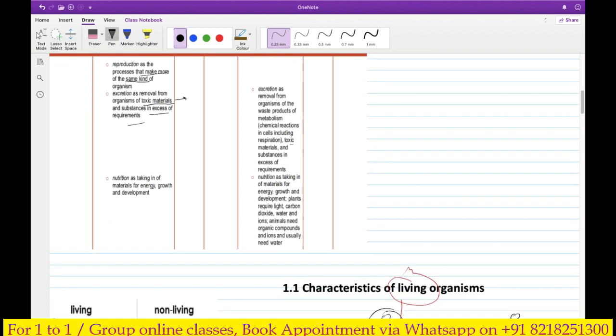And last is nutrition. Nutrition is taking in of material. And what is the purpose? You need energy, and you need to grow. You need to show your muscles to your girl. So nutrition is just taking in of material for energy, growth, and development. Very simple.